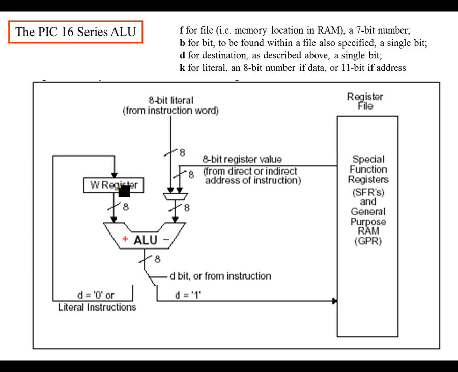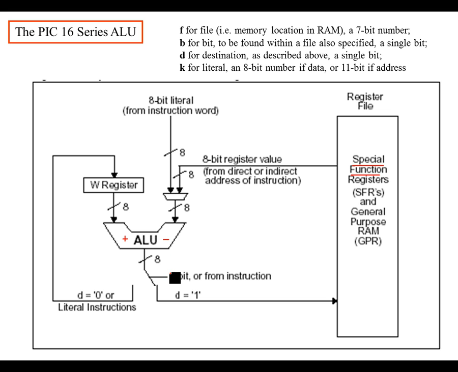The W register can add to this string over here, which can either be from a literal or from a register. Over here you have your special function registers, and you can add those two numbers and put the result either back into the special function registers or into the W register.